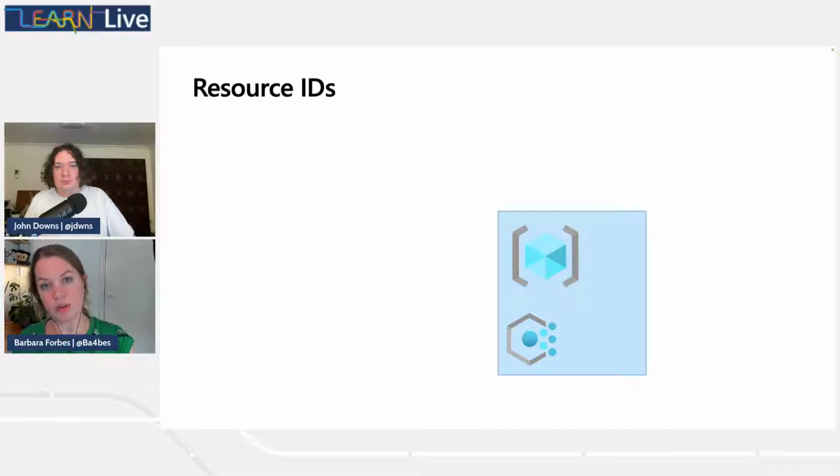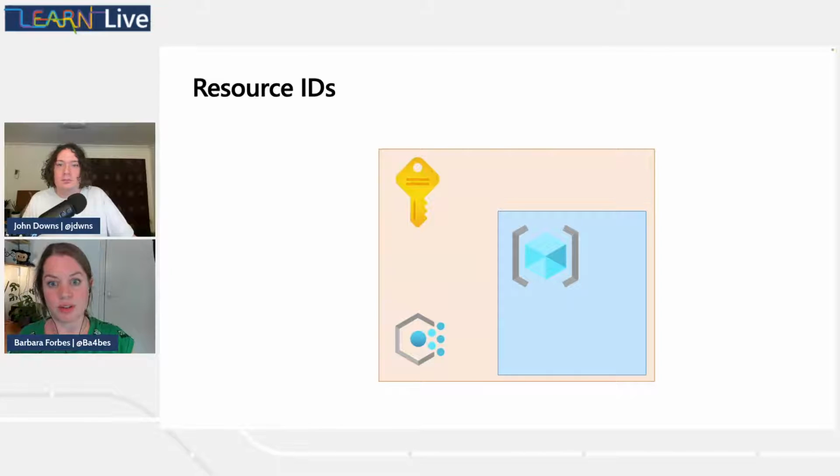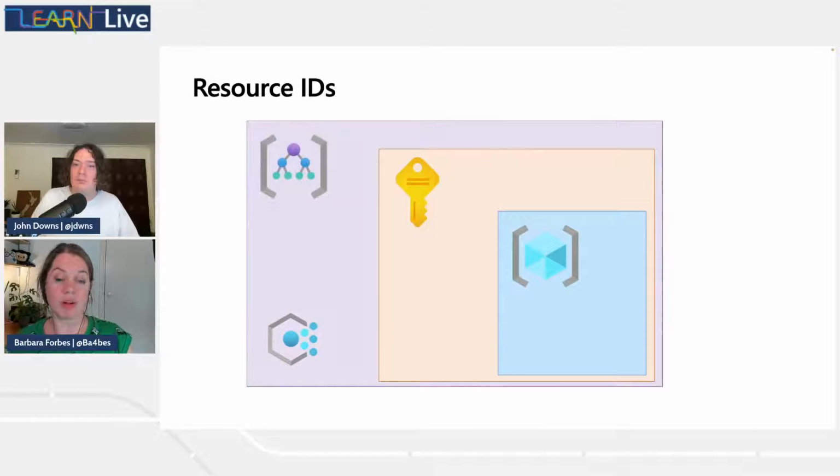But if we look at all the different resource IDs we have available, I can also make it part of the subscription, so it will be assigned at the subscription level. But I can also take it a step further and assign that policy to the management group. So this gives me a lot of flexibility, especially when working with policies, to see at what scope I want to assign them.